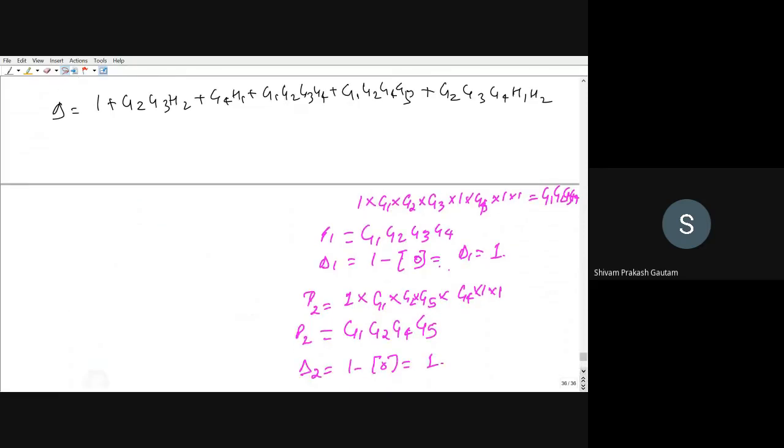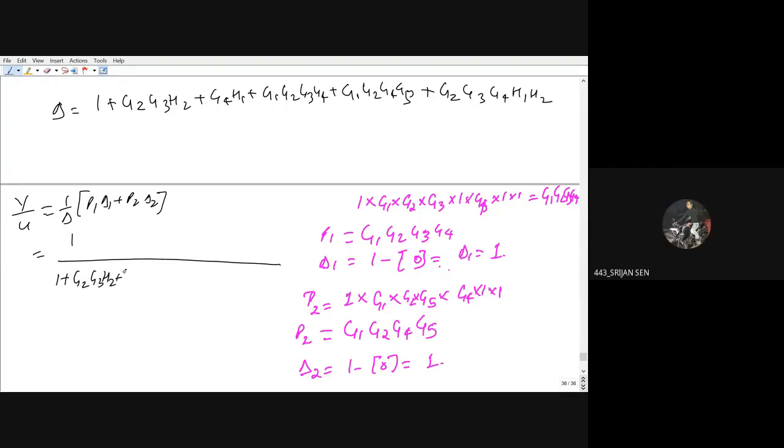So what was our transfer function? That is Y by U, equal to 1 by del times P1 del 1 plus P2 del 2. Del is how much? 1 plus G2 G3 H2 plus G4 H1 plus G1 G2 G3 G4 plus G1 G2 G4 G5. In the last part of del there should be the sum of the product of gains: G2 G3 G4 H1 H2. Right? Let me just complete it.